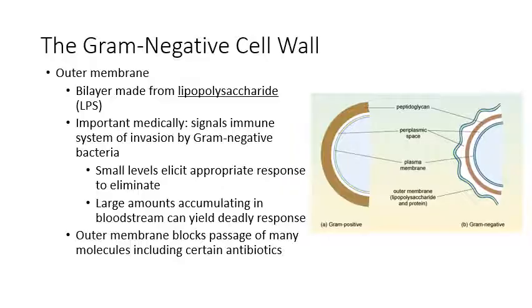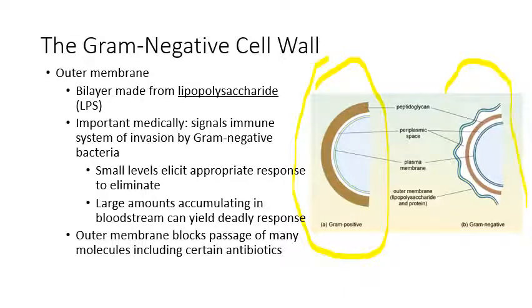All right, so again, just another quick look at that gram-negative cell structure. Here we see the gram-positive, where we've got a cell membrane surrounded by one thick layer of peptidoglycan. Here's our gram-negative, where we've got a cell membrane, a thinner layer of peptidoglycan, and then an outer membrane surrounding the outside that's made of lipopolysaccharide. So why do we care about the difference between gram-positive and gram-negative cells?